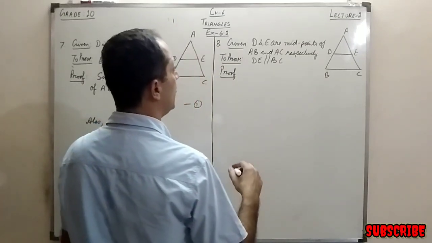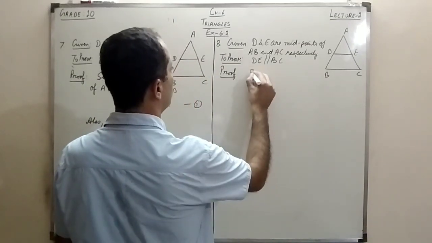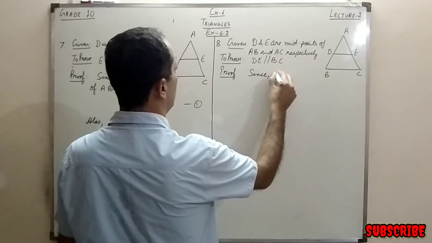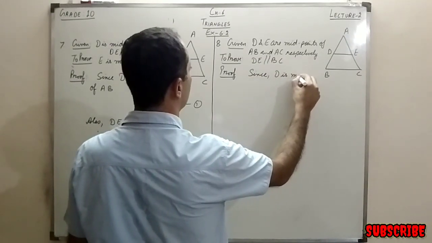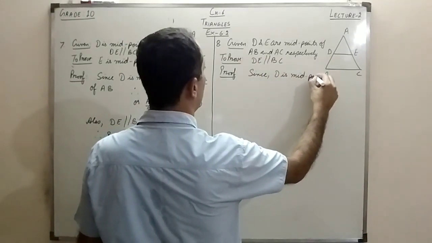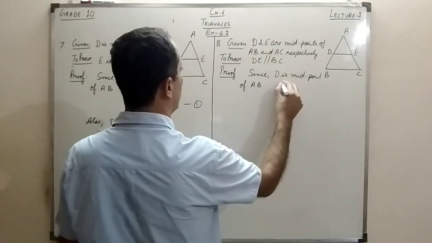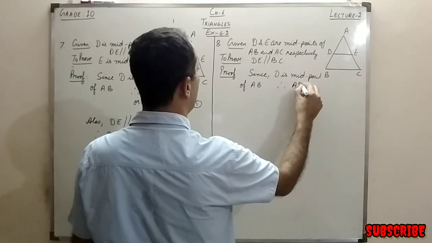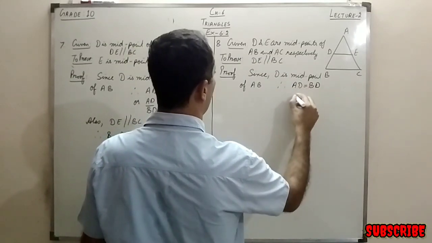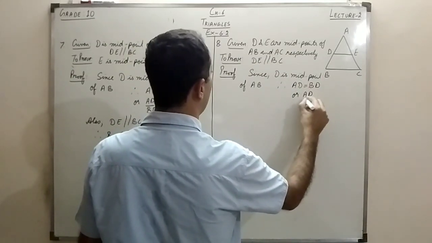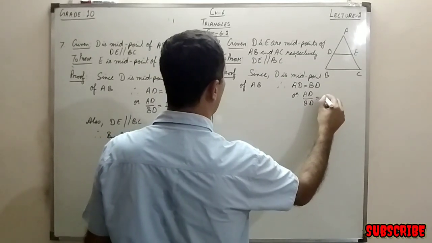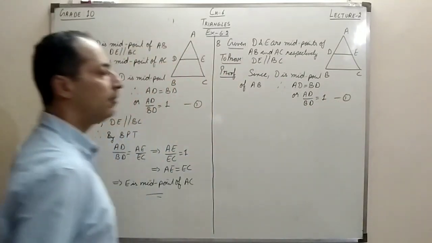Now since D is the midpoint of AB, so what I can say is that AD is equal to BD, or AD by BD will be equal to 1. I put it as equation number 1.